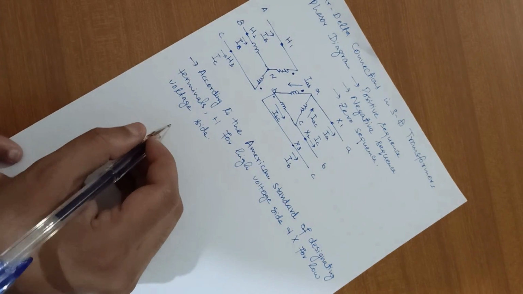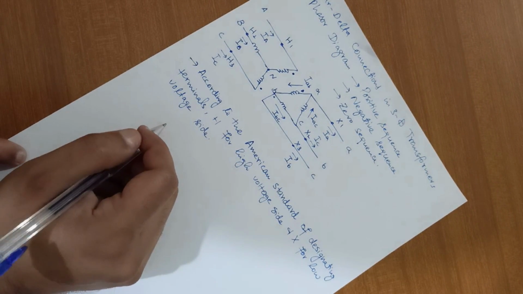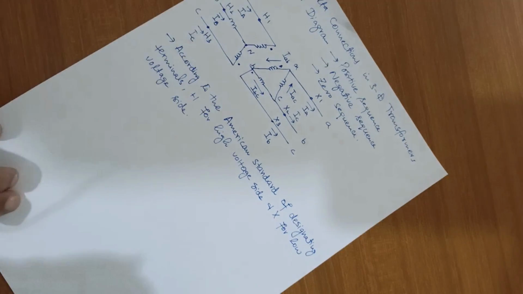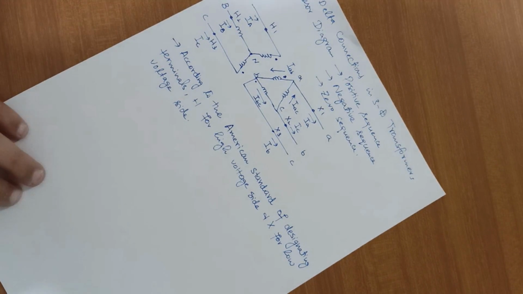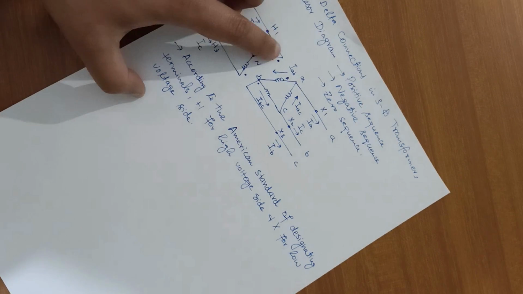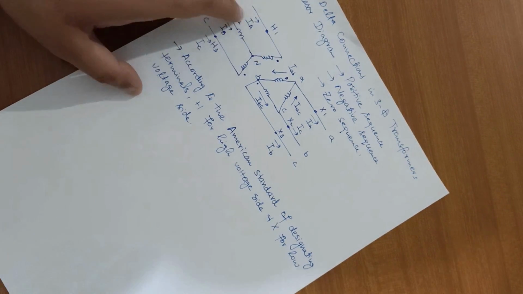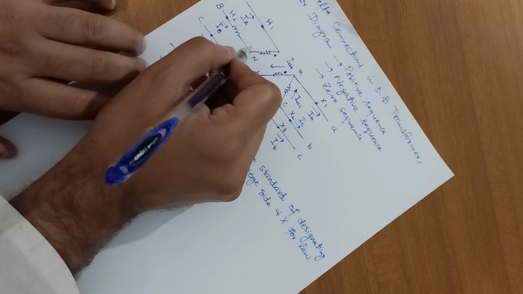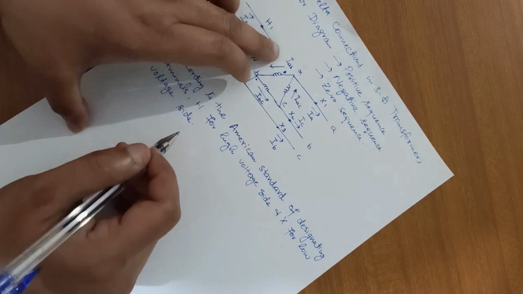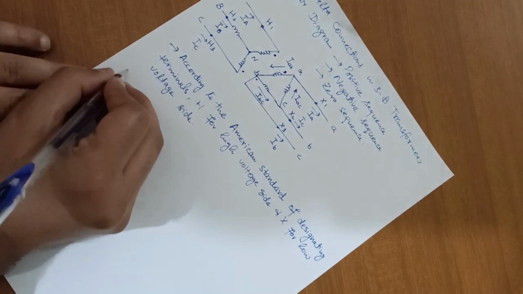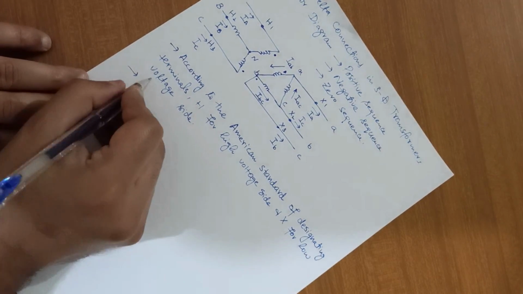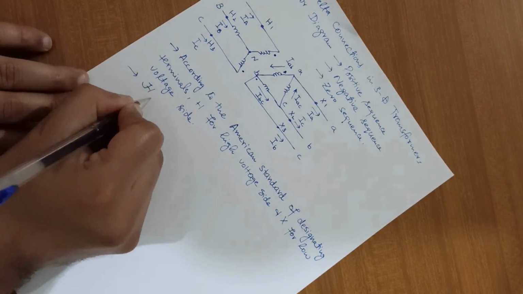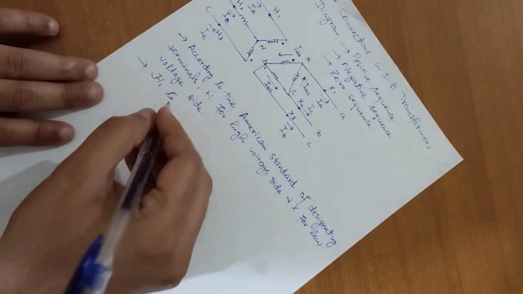Now, as you know, H1 to neutral leads X1 to neutral by 30 degrees, right? H1 to neutral, this whole terminal from H1 to N, means the voltage AN.